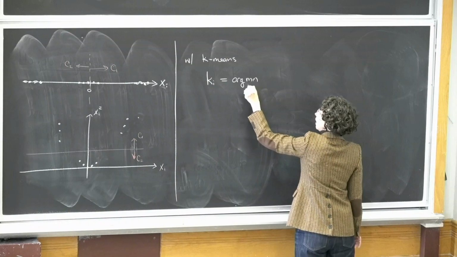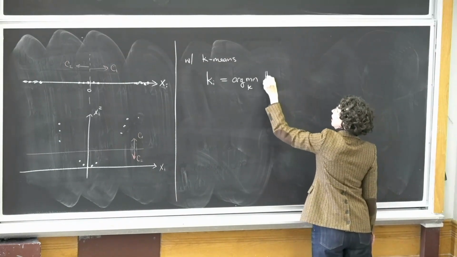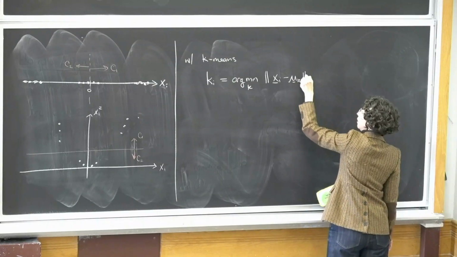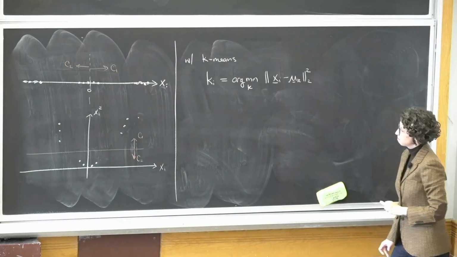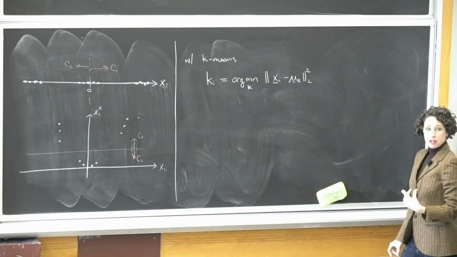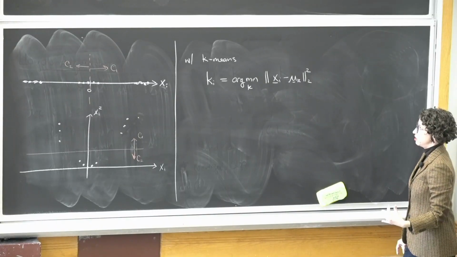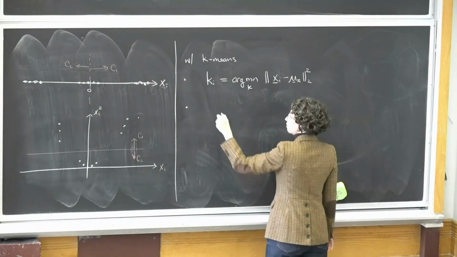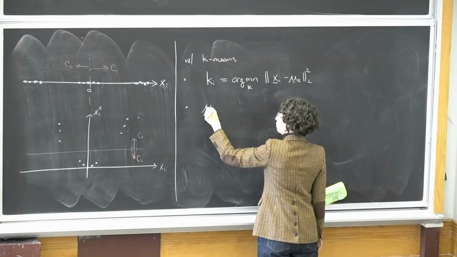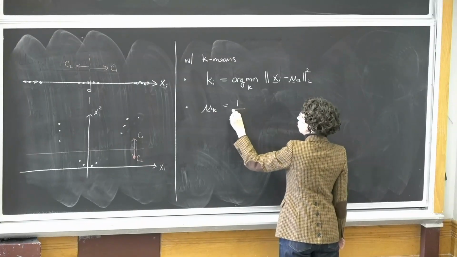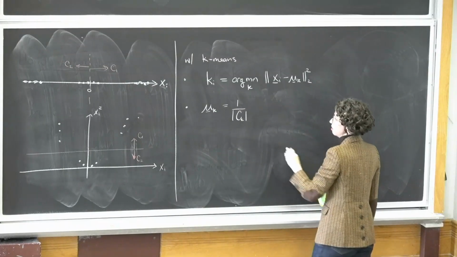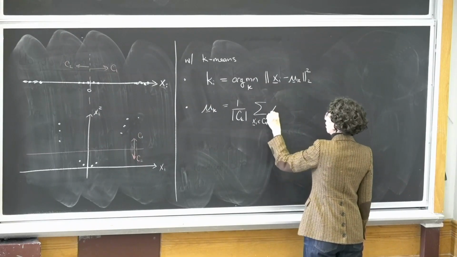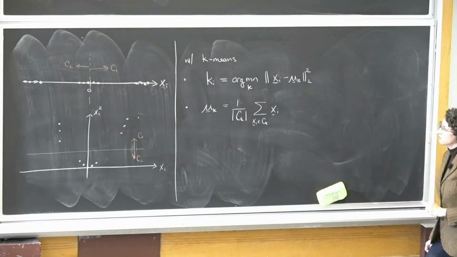And we did this by looking at all the clusters and seeing how far xi was from mu k and choosing the closest one. The other key calculation that we had to make was we needed to compute the cluster means. So we had to say mu k was going to be 1 over the size of the cluster times the sum over all the points in the cluster of those points.